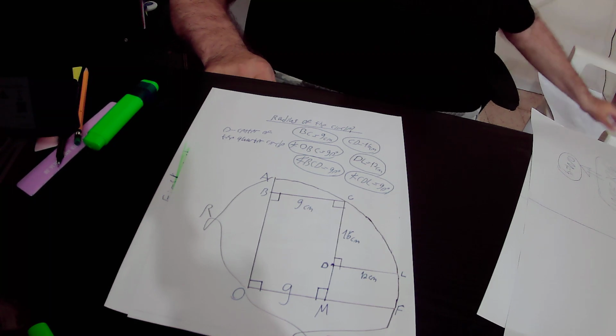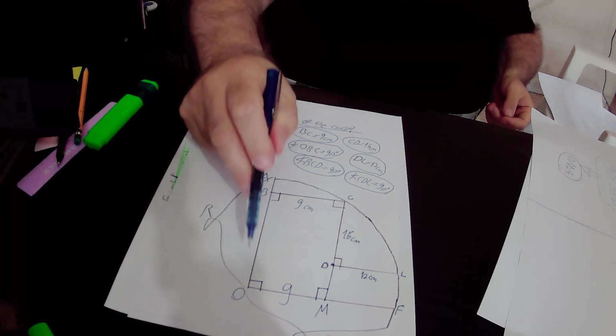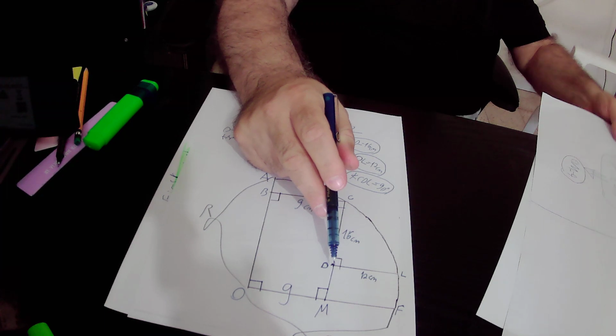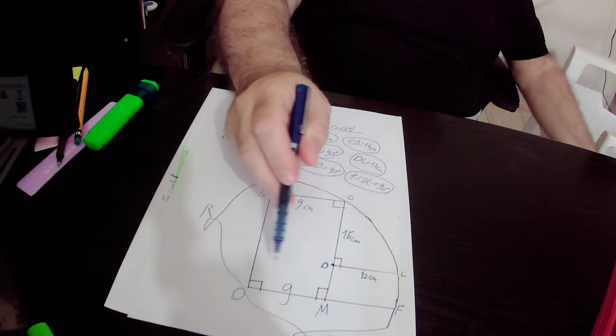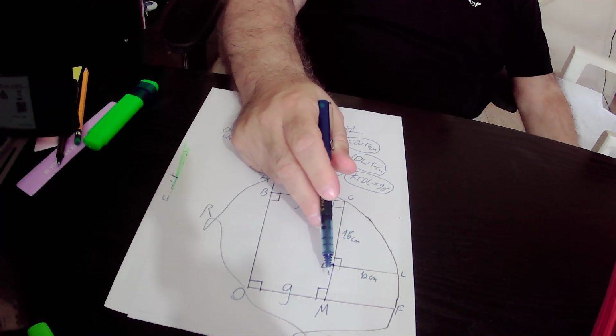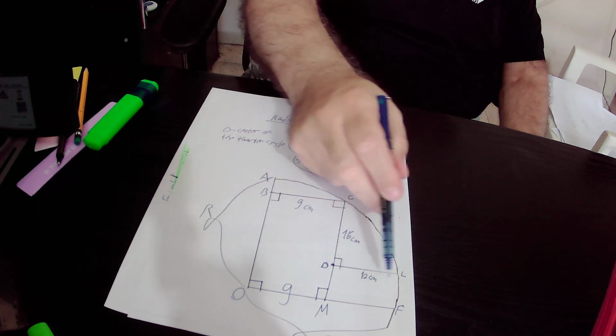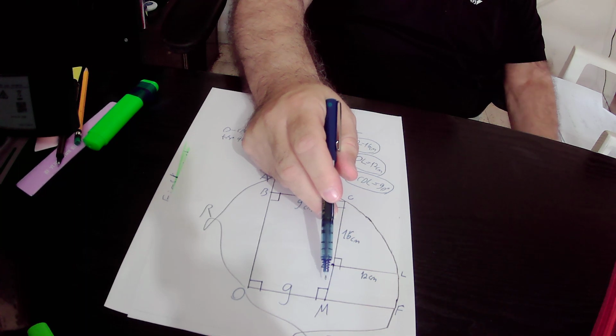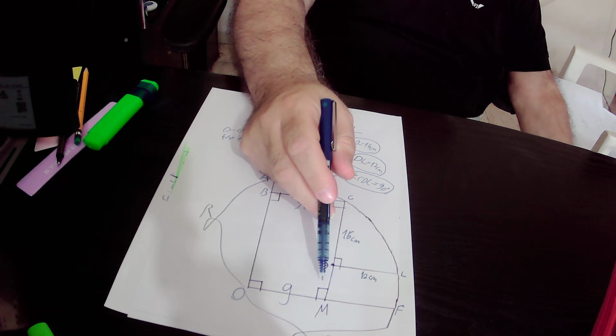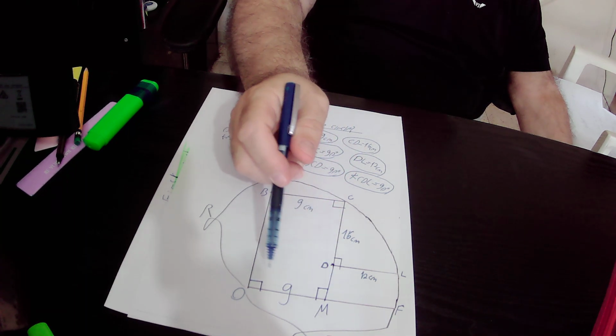Why? Because in our drawing we have the straight line OF, and if we focus on the upper side of the straight line OF at point M, then the sum of the angles on the upper side of the straight line OF at point M must be equal to 180 degrees. So which angles do we have at the upper side of the straight line OF at point M?